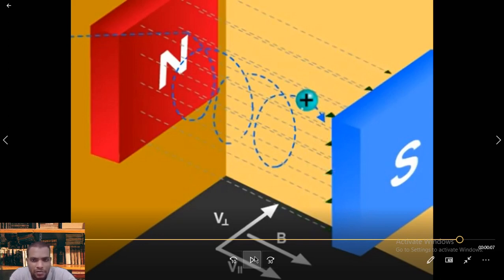And if it experiences any force, we shall try to figure out its magnitude and direction. So today I would like to discuss how a current carrying conductor behaves in a magnetic field.